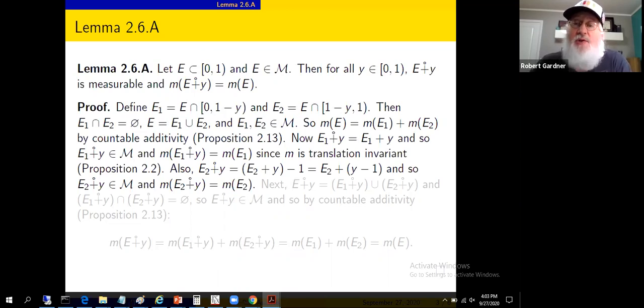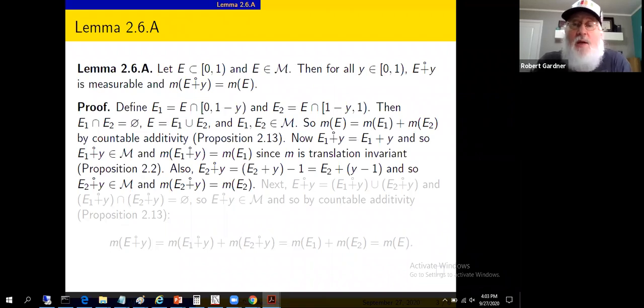The translate of a measurable set is measurable, so E1 plus y is measurable, so E1 circle plus y is measurable. Also, the translate of a set has the same measure as the set itself. Measure is translation invariant, outer measure is translation invariant, and measure is outer measure restricted to Lebesgue measurable sets. So the measure of E1 circle plus y is the same as the measure of E1 plus y, which is the same as the measure of E1.